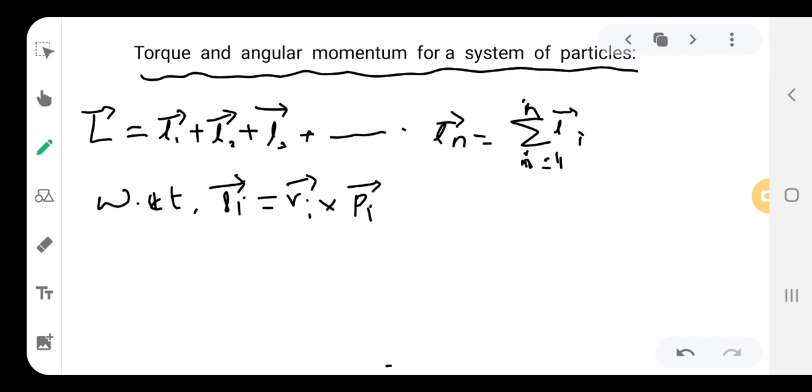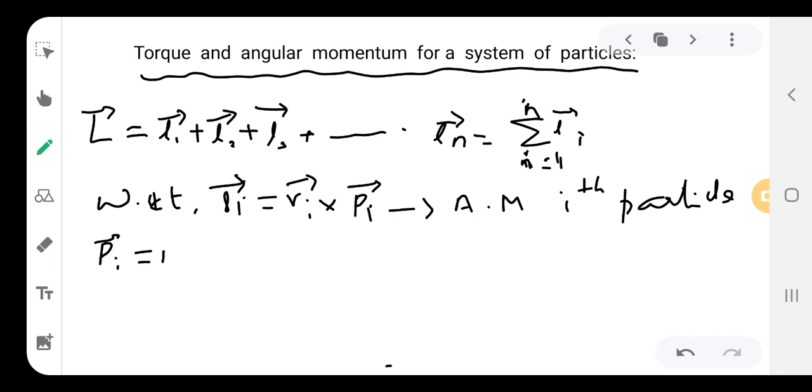So this is the angular momentum for the ith particle. Now, what is the linear momentum? pi is equal to mi times vi vector.